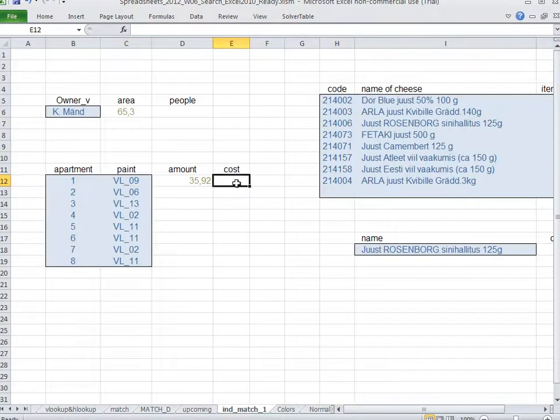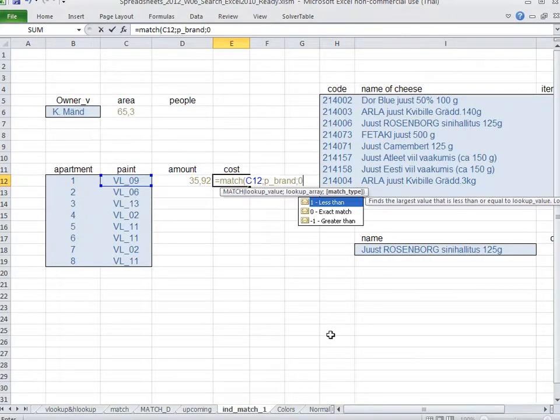Equals MATCH, we are matching VLO9, which is in cell C12, from block P brand, P underscore brand. We're matching it from here. More on semicolon 0 just in a second. Parentheses get closed, and now let's enter.